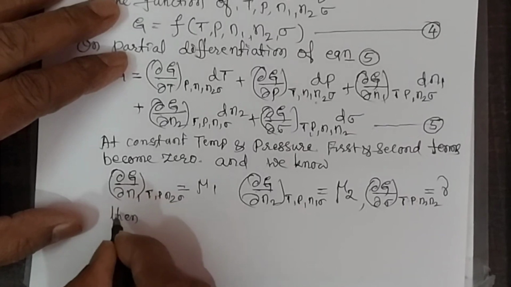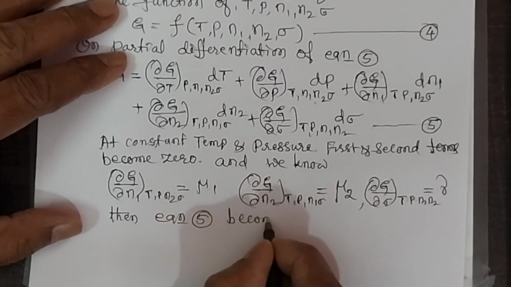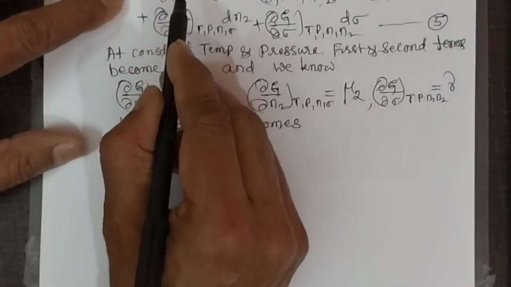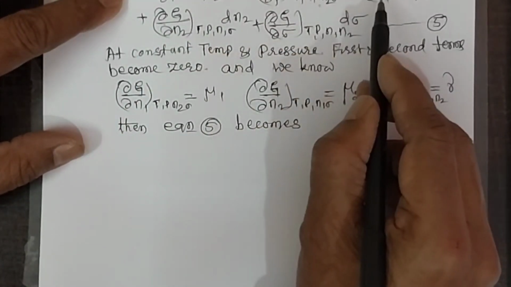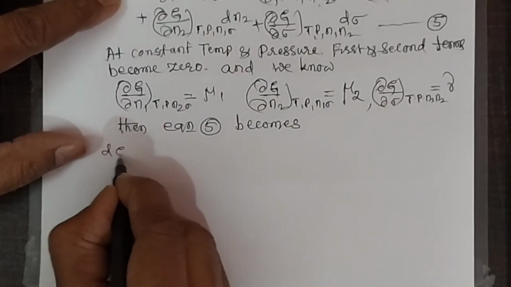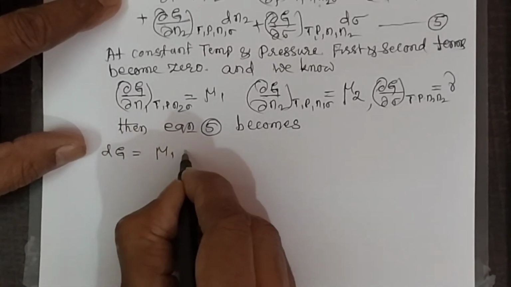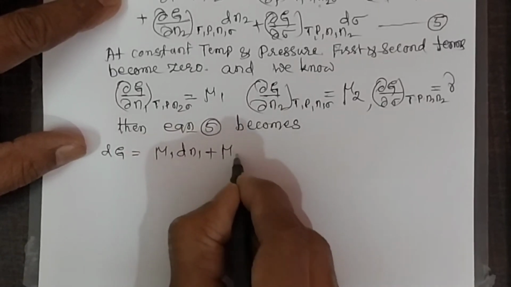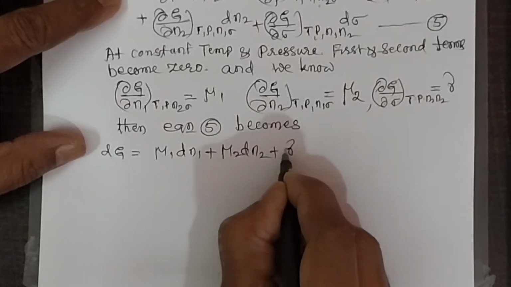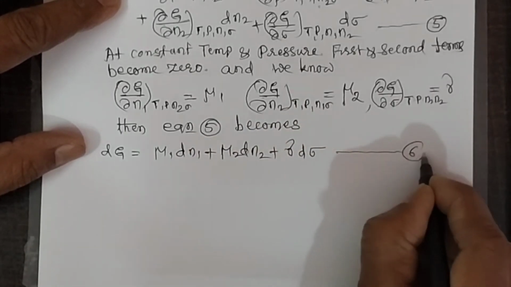Then equation 5 becomes dG equal to mu1 dn1 plus mu2 dn2 plus gamma d rho. Suppose this is equation 6.